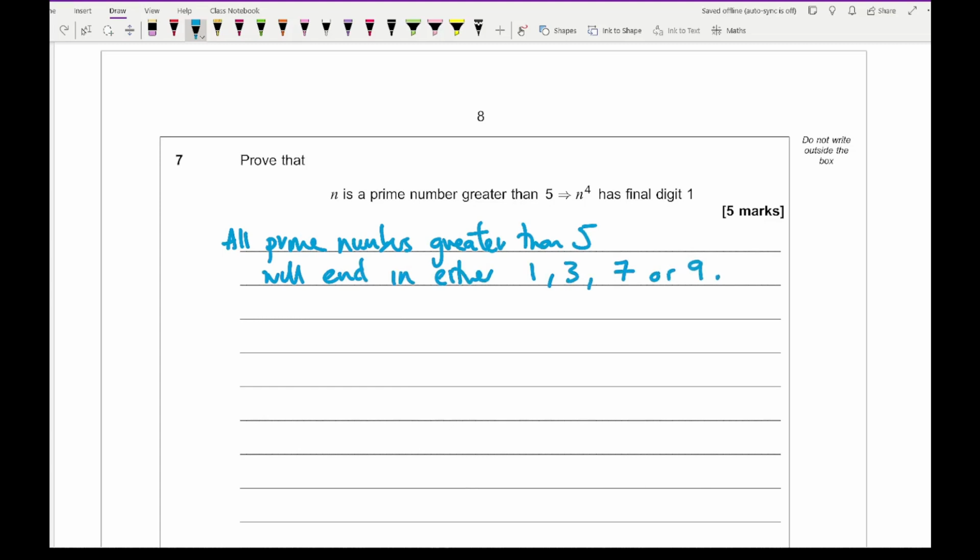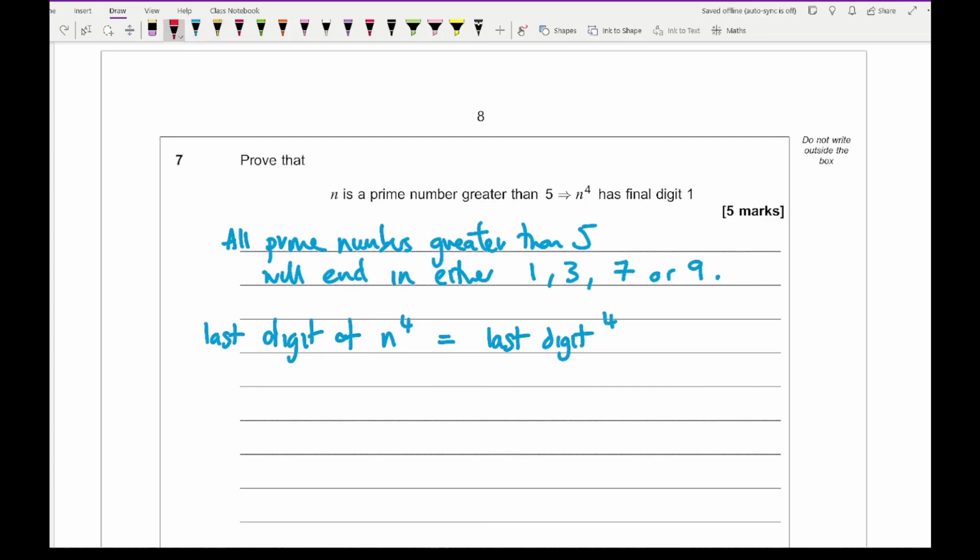So looking at the last digit of n to the power of 4 will always equal the last digit to the power of 4.